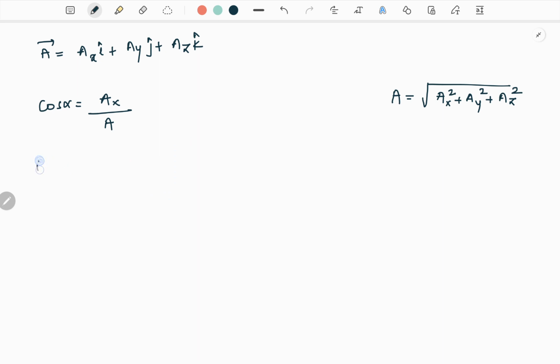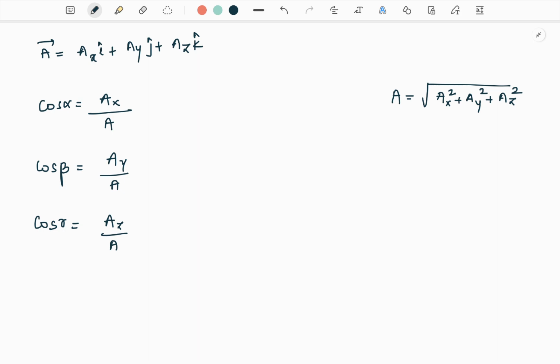Similarly, cos beta would be equal to ay by a. Similarly, cos gamma is equal to az by a. Okay, so these are the three components, the directional cosines of that particular vector a bar.